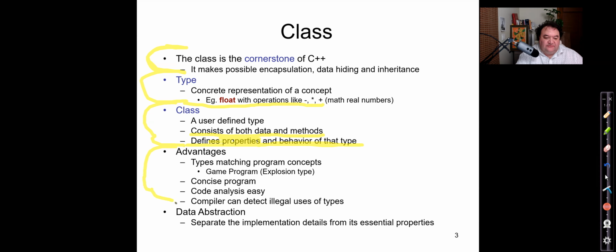What are the advantages of using classes? In a way, they provide a better way to abstract new types that match the concepts that are important in a particular context. An example could be in a game, where an explosion could be a particular data type. They can make the programs more concise.